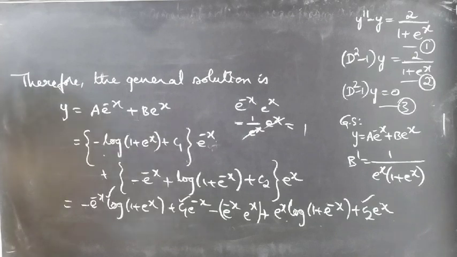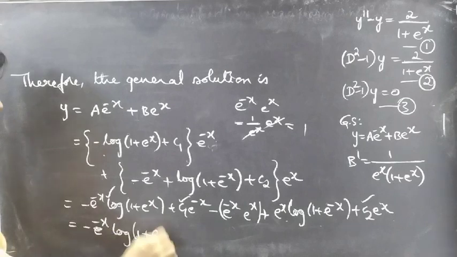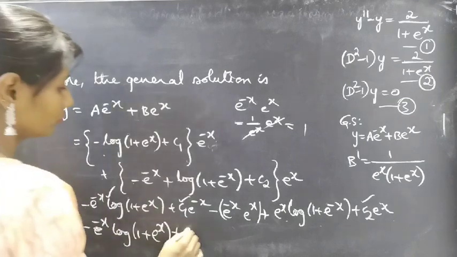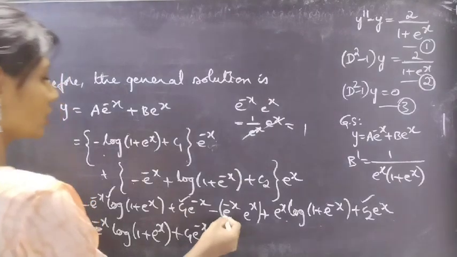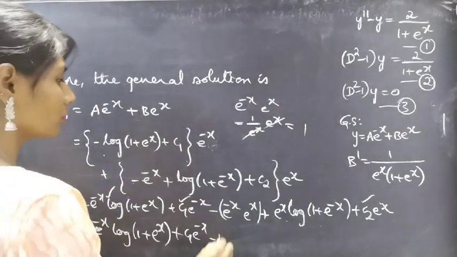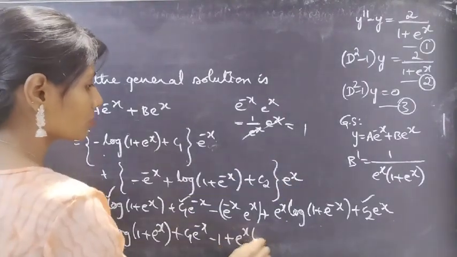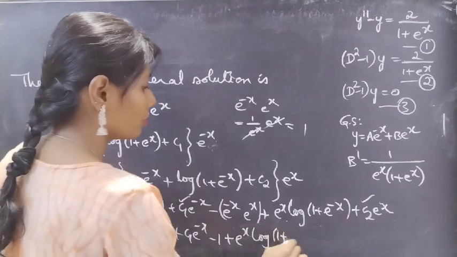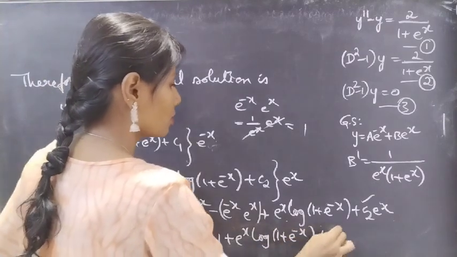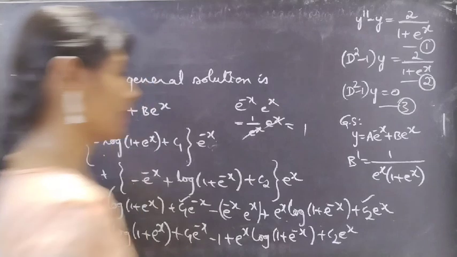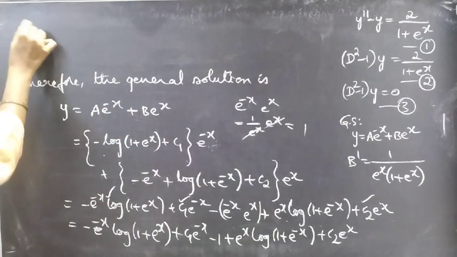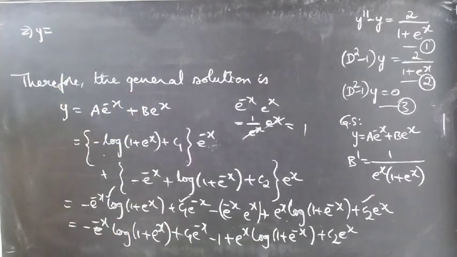Or you can write a few more steps. Just replace it with 1 plus e power x log of 1 plus e power minus x plus c2 e power x, right? From this we'll get y equal to, write the terms involving constants c1 and c2.